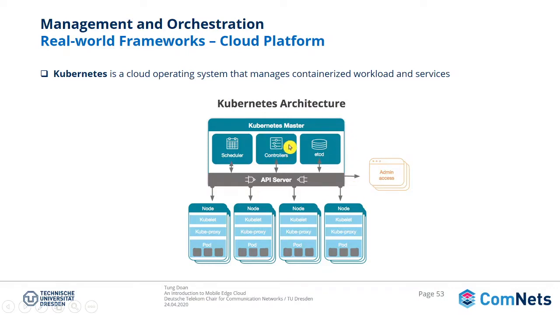The master layer can interact with the worker layer through the API. So the containers will be deployed in the worker layer. This is the basic architecture of Kubernetes.